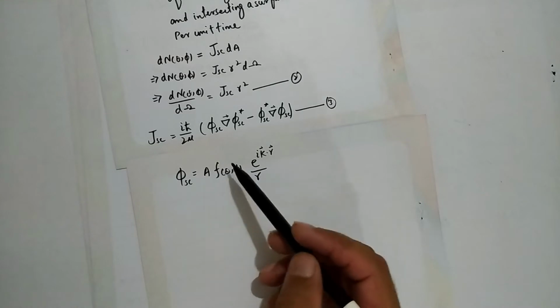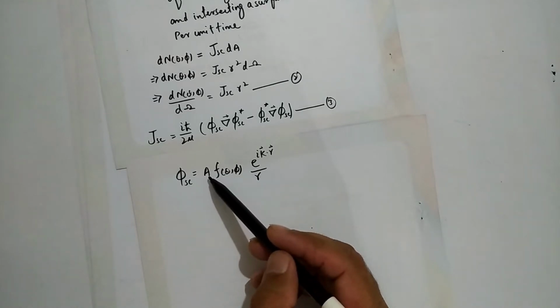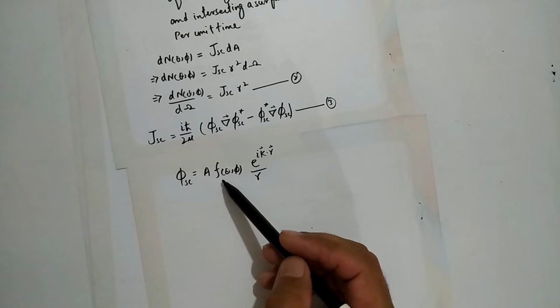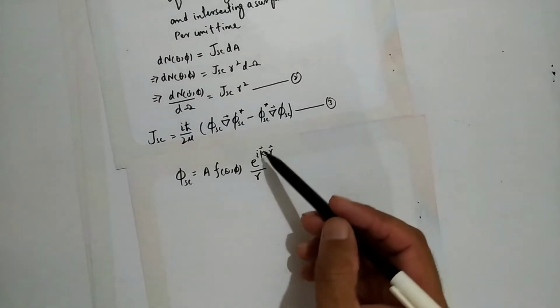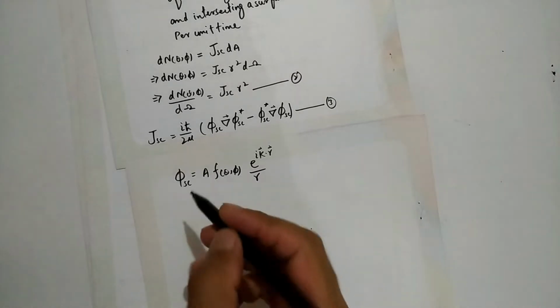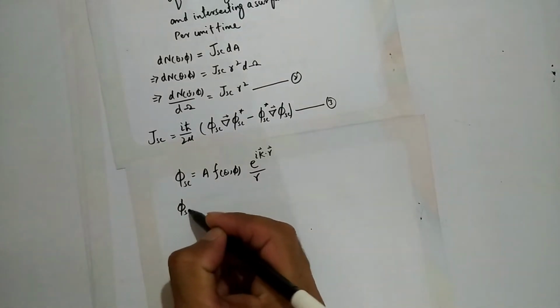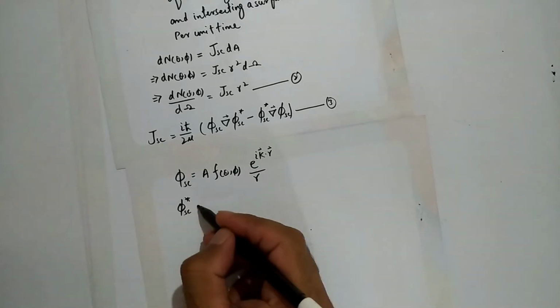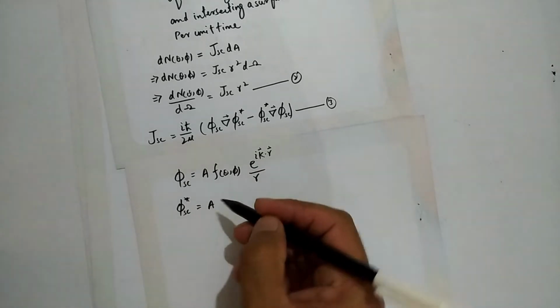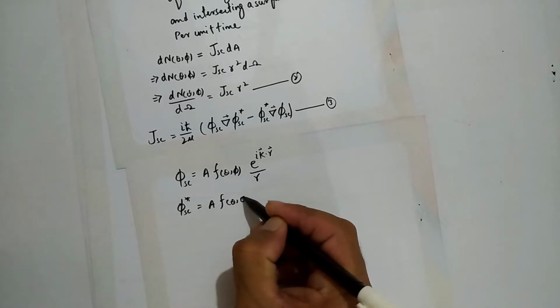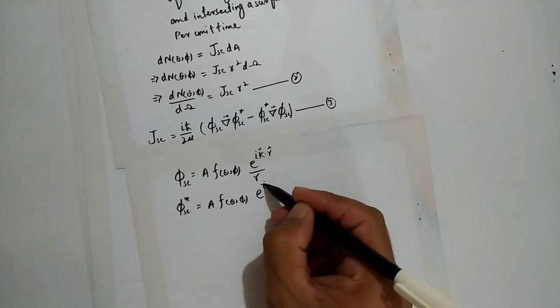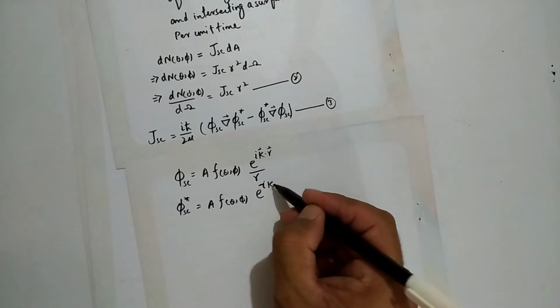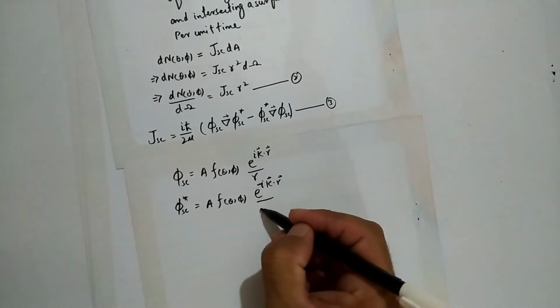Here this a is called the normalization factor, and f of theta phi is called the amplitude of the scattered wave function, and k is the wave vector of the scattered wave. Similarly, its complex conjugate will be equal to a f of theta and phi into exponential minus i k r divided by r.